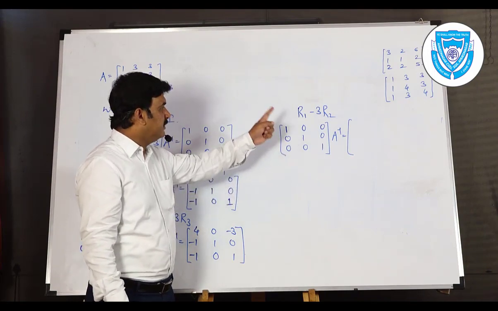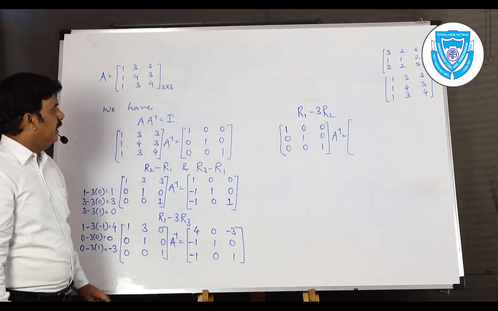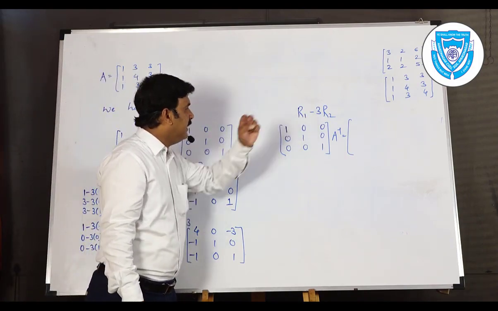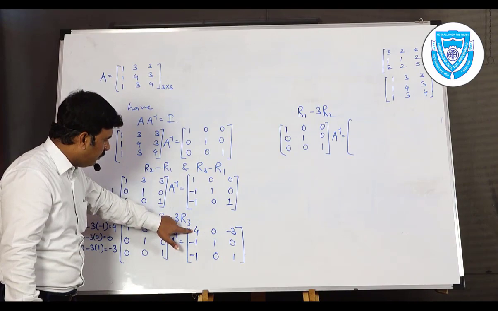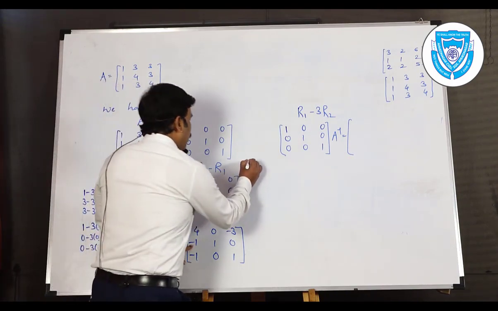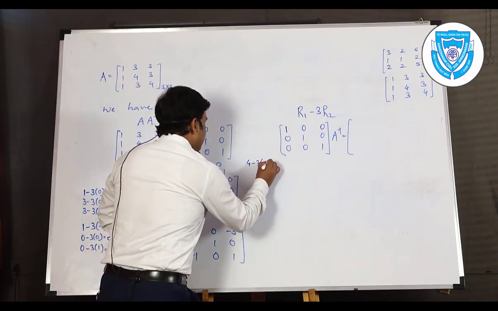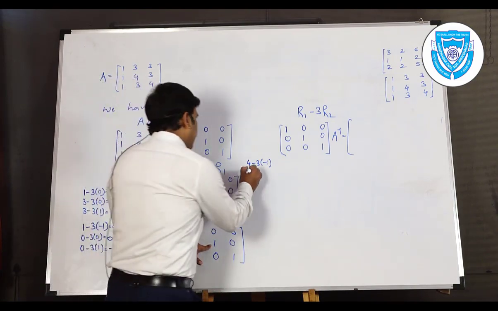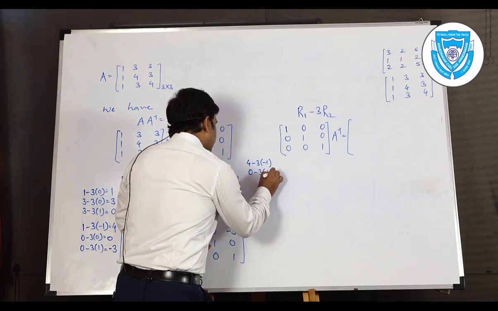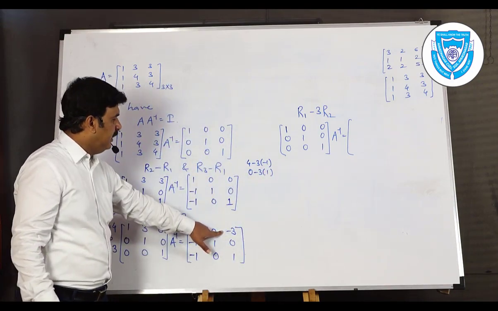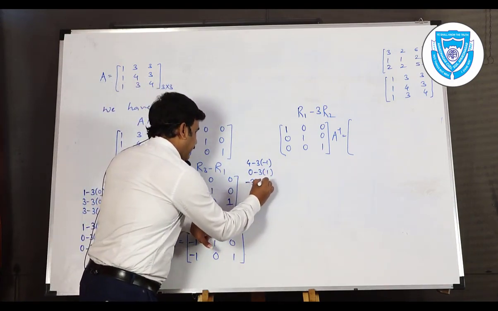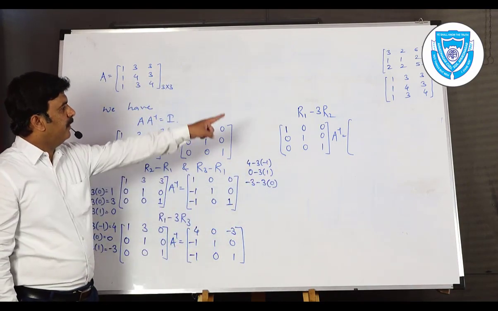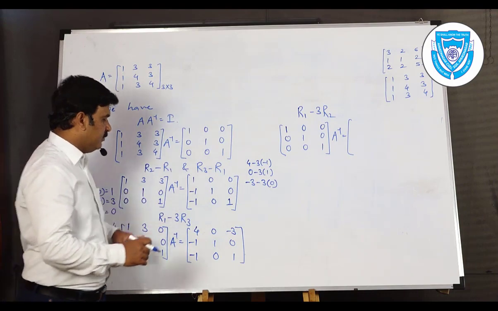Now let us perform the same operation at the right hand side. Let us perform it slowly. What the operation is, R1 minus 3 times R2, that is 4 minus 3 times minus 1, 0 minus 3 times 1, and minus 3 minus 3 times 0. Let's see what elements we get.